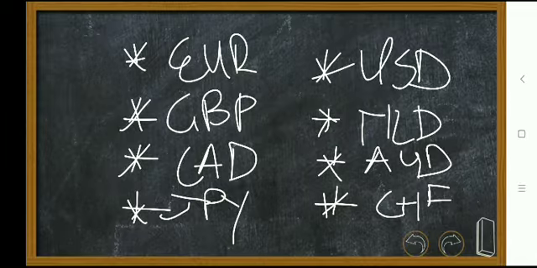Remember, forex trading involves the trading of currencies. There's commodity trading, trading of indices. You can trade a lot of things online, but forex deals with currencies. So there are a few of the currencies you'll find on the market.